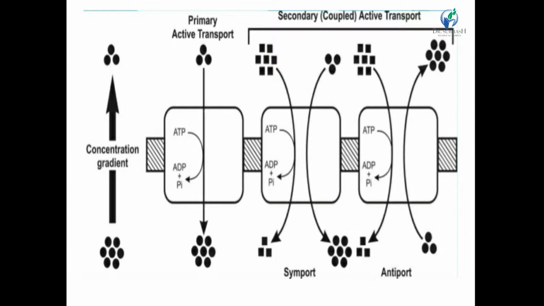In antiport, the direction is opposite: the first molecule flows in one direction and the second molecule flows in the opposite direction of the first. So in secondary active transport, the first process requires energy, but the second doesn't, because it will use the concentration gradient of the first.